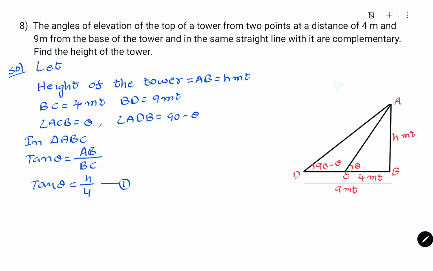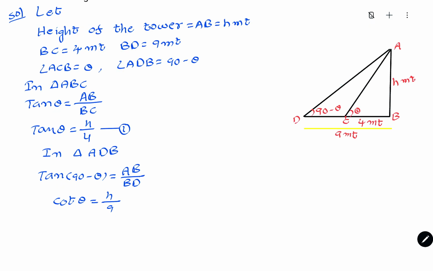In triangle ADB, for the angle 90 minus theta we also have the adjacent and opposite sides, so we take tan. Tan of 90 minus theta is equal to AB by BD. Here tan of 90 minus theta is cot theta, AB is h and BD is 9 meters.